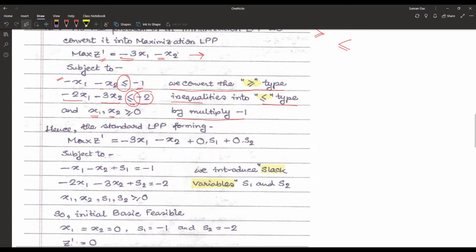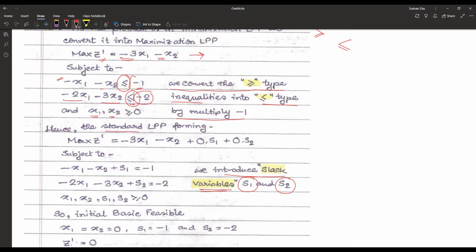According to the third step, as all the constraints are now less than equal to, we have to introduce the slack variables. Two constraints are there, so we introduce two slack variables, S1 and S2.